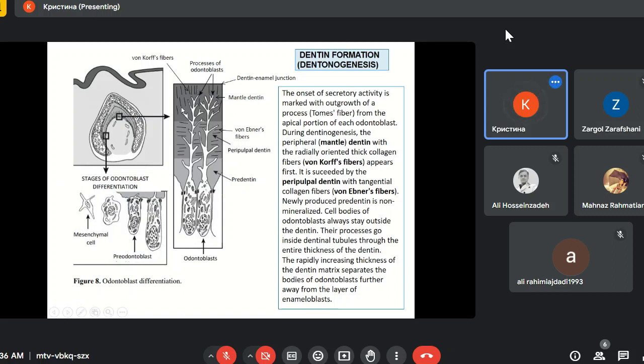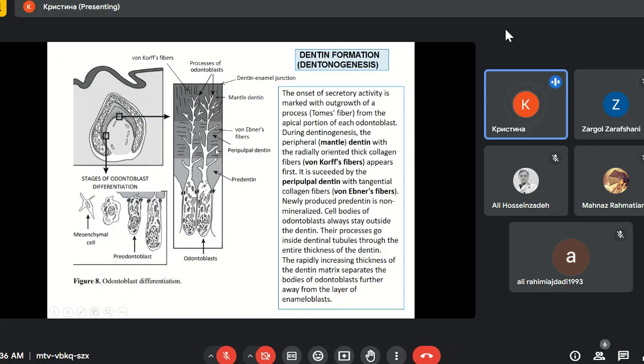Here they are. The next produced part of the dentin will be this lower part. It is called circumpulpal dentin. Circumpulpal because it surrounds and is located more closely to the pulp. The pulp will be here, where the odontoblasts' bodies are located.